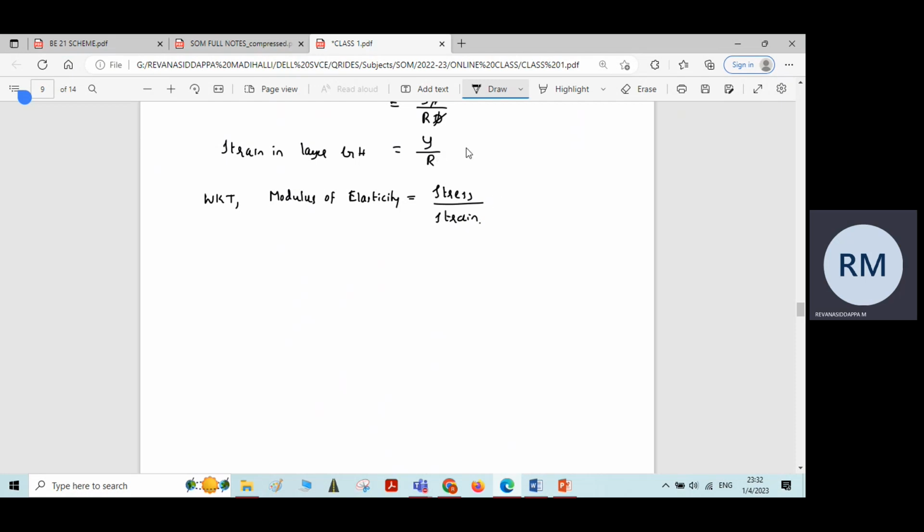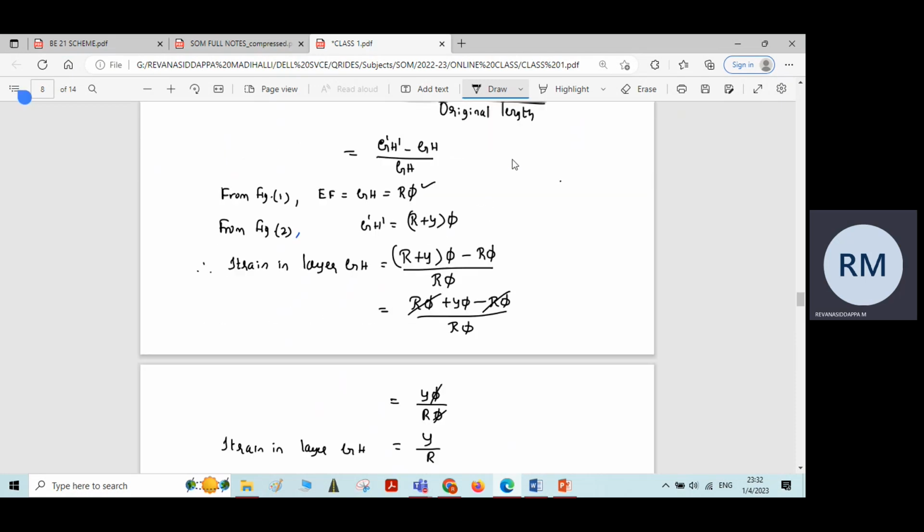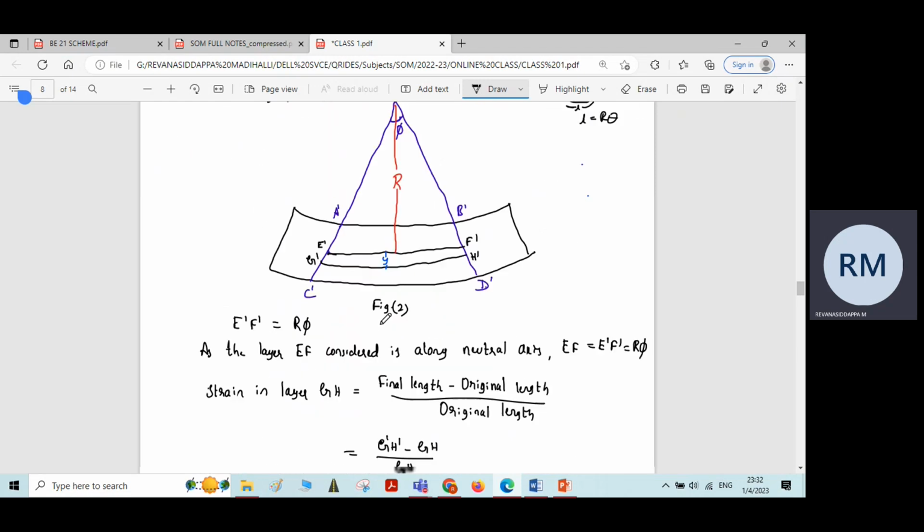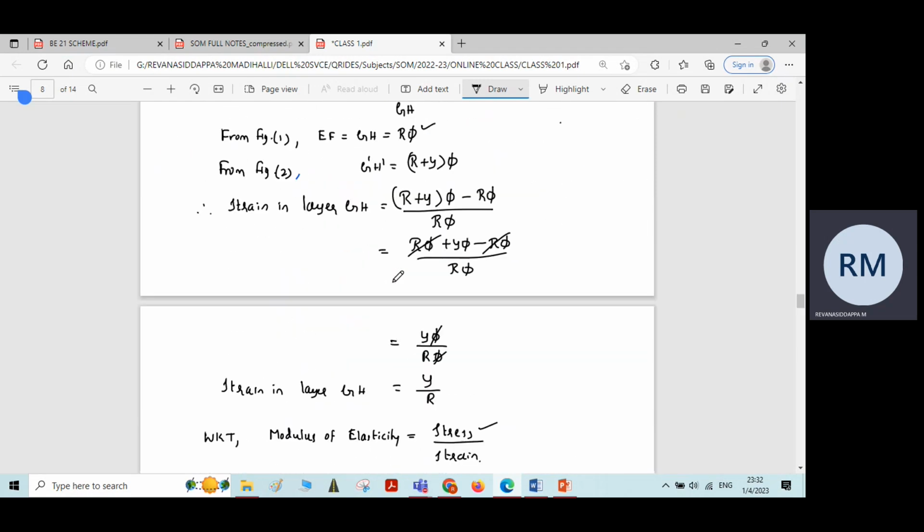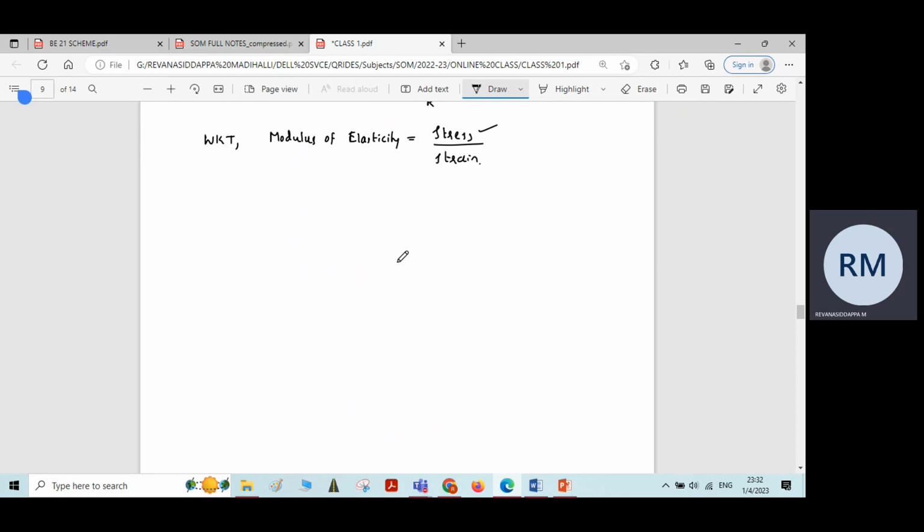Here the stress is nothing but bending stress in this case. Stress refers to the bending stress in the beam, and bending stress will usually be represented by the letter F. Therefore E is equal to bending stress F divided by strain. Therefore the strain will be equal to F by E.